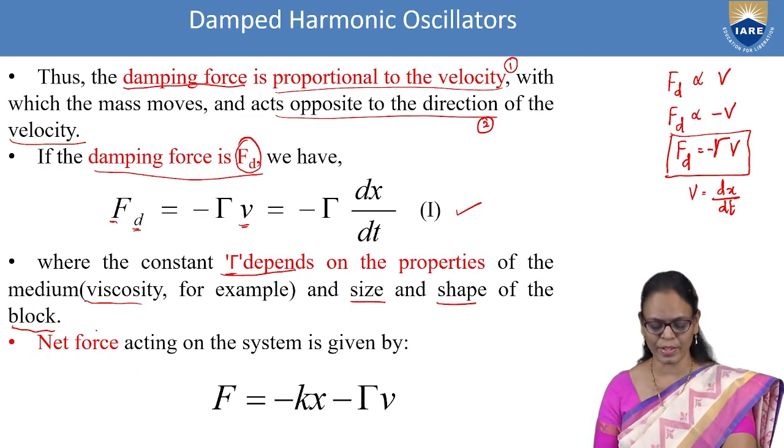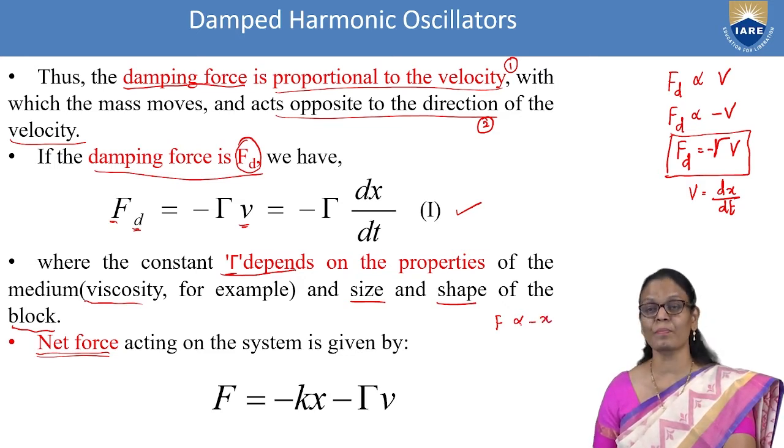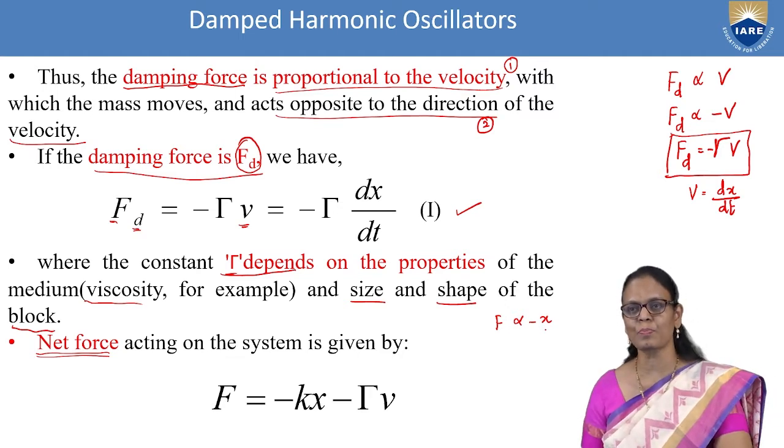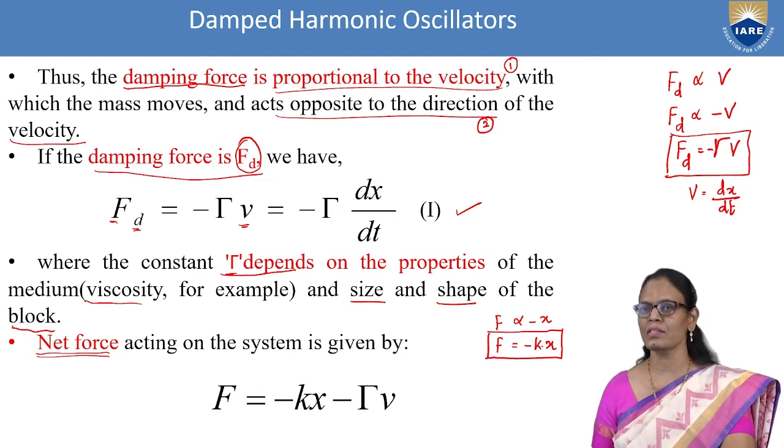Now what we are going to do is we are going to write the net force. What is the net force that is acting on the system? We have already discussed that there is a force that tries to bring it back to the normal position or the equilibrium position, where that force is proportional to the displacement, and we have written it as minus kx, where minus denotes that it is opposite in direction and k is the constant.